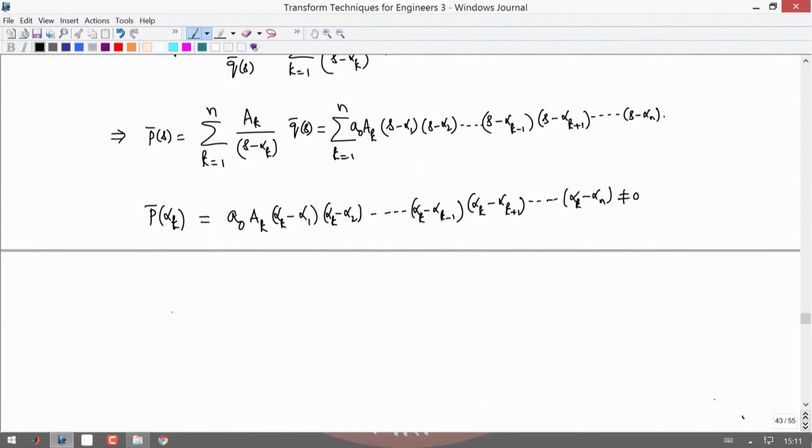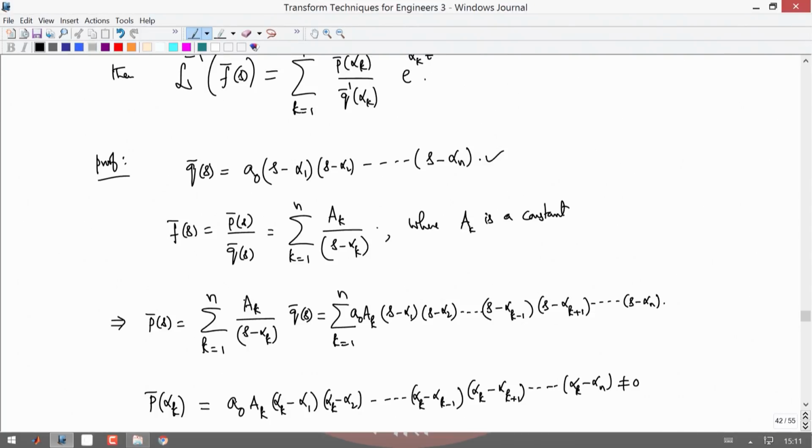You differentiate, what is your q bar? Q bar dash of s, if you differentiate q bar of s, this is also again you see that k is from 1 to n, a naught times, if you differentiate. You have to differentiate each term keeping everything else as it is.